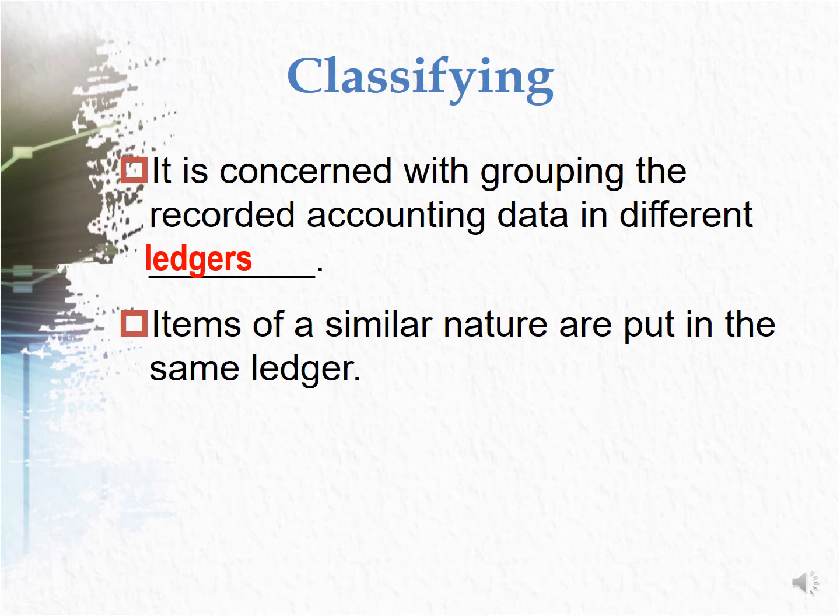When we have a lot of purchase transactions, we put them in the purchase ledger. But in detail, we will tell you in Form 4. We cannot just record the accounting data without classifying it into different ledgers. We have to group all the similar transactions or items in the same ledger so that you can easily find the information.